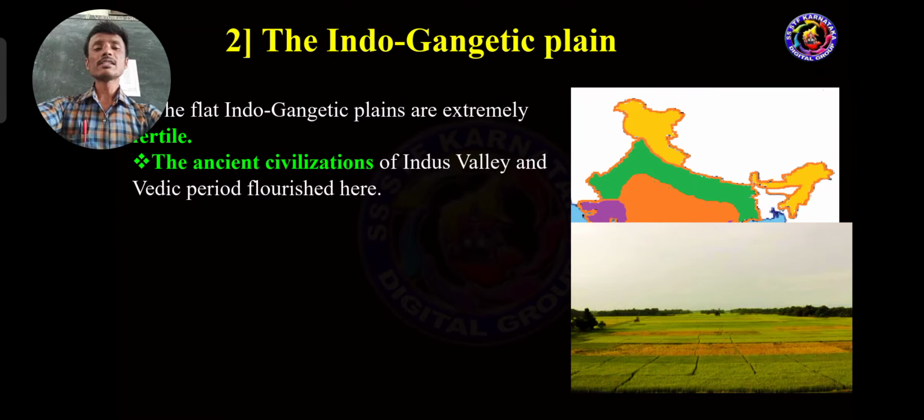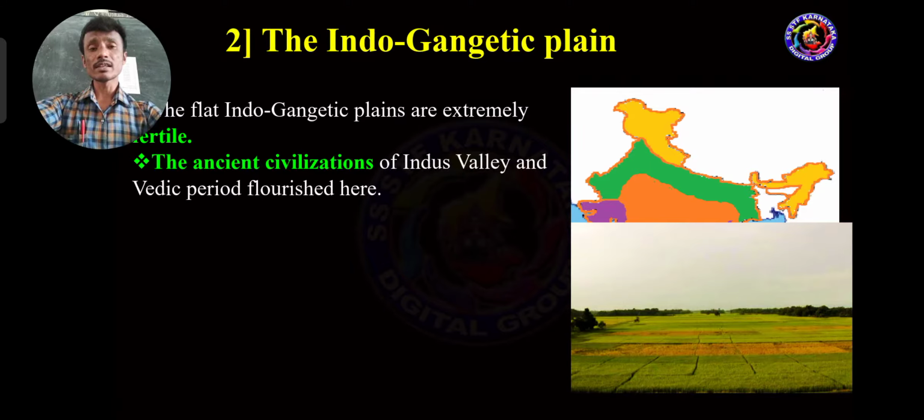The ancient civilizations of the Indus Valley and the Vedic period flourished here. You already learned in 6th standard about a few civilizations. Here there is the Sindhu Valley civilization, or Indus Valley civilization. It flourished in this plain, the northern part. And the Vedic civilization was also established mainly in the northern part of our country.